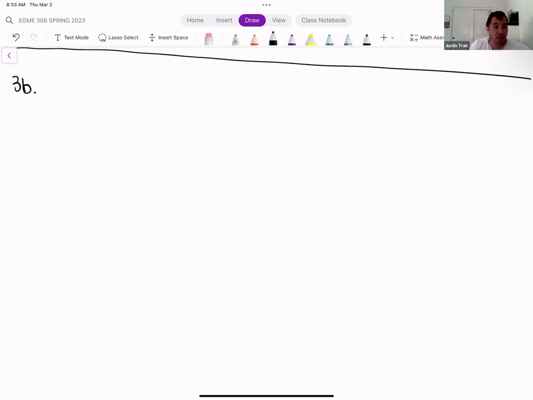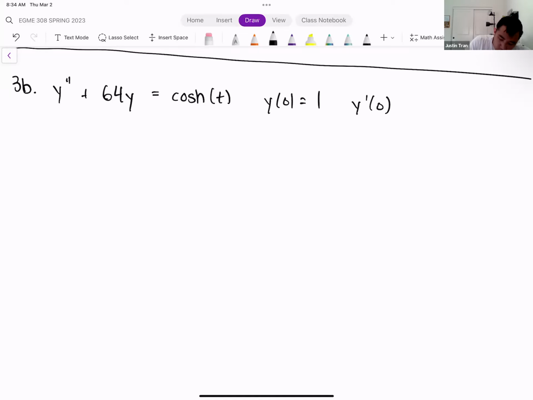Okay, so 3B on the homework, we have y double prime plus 64y is equal to cosh of t, and we have y of 0 is equal to 1, and y prime of 0 is equal to 0. This is our differential equation.